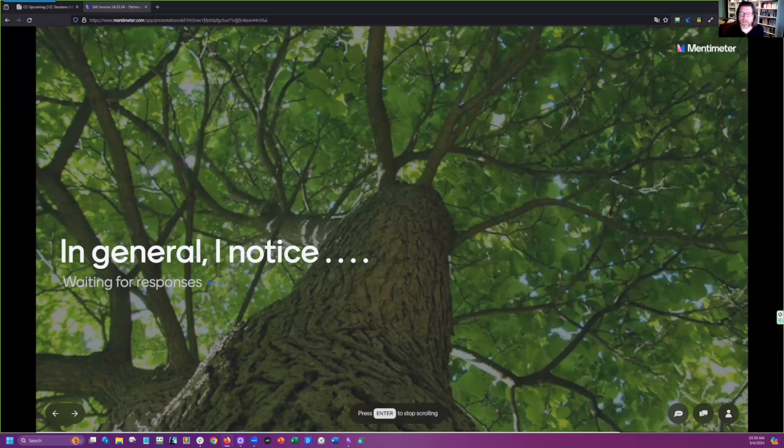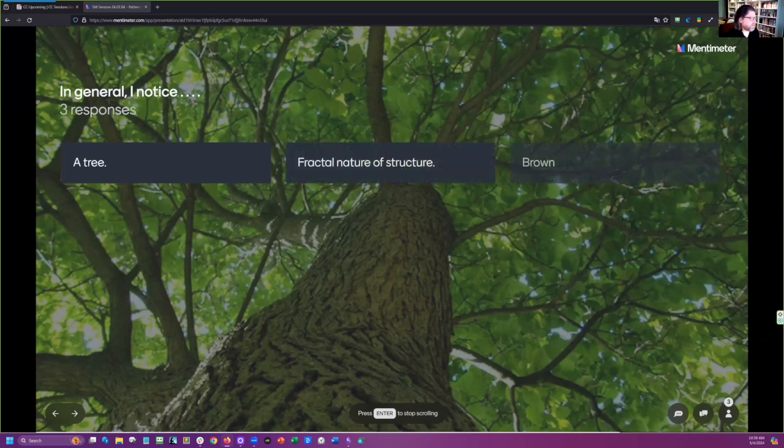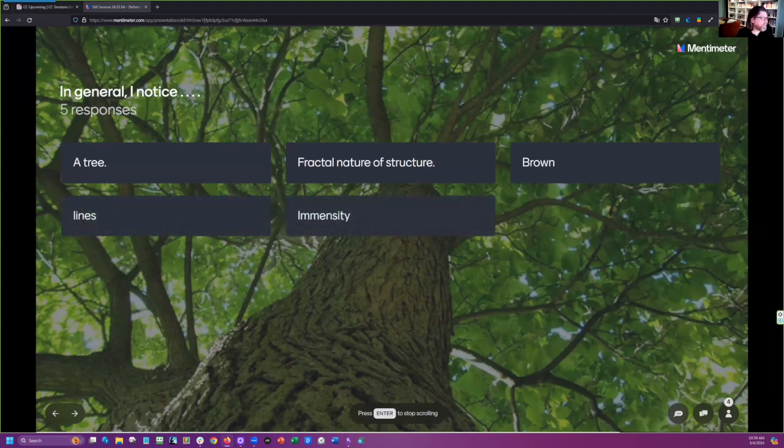Let's just take a couple of minutes and immerse ourselves in this tree. There's shapes.